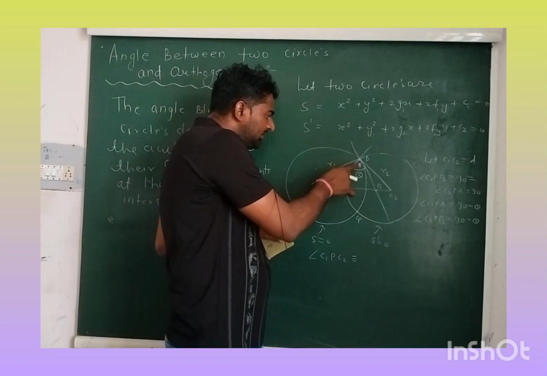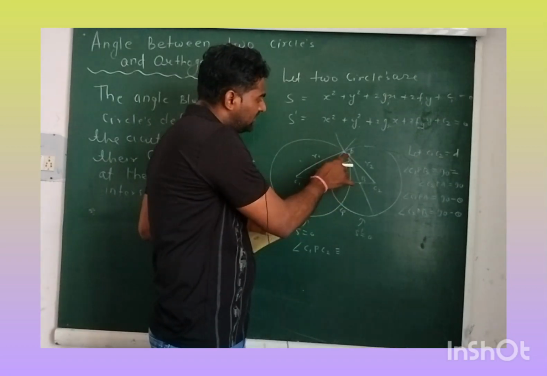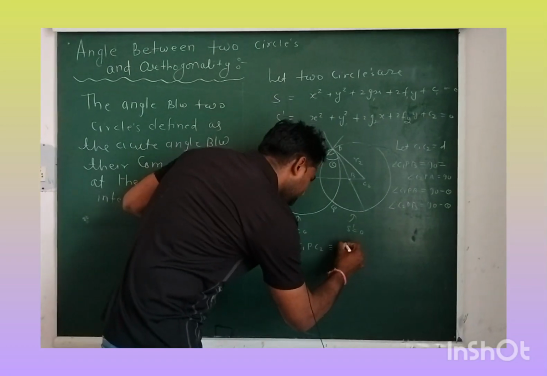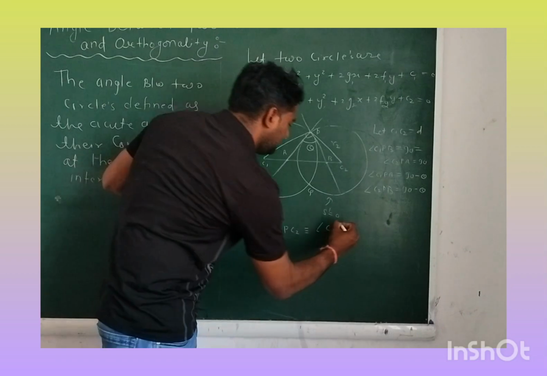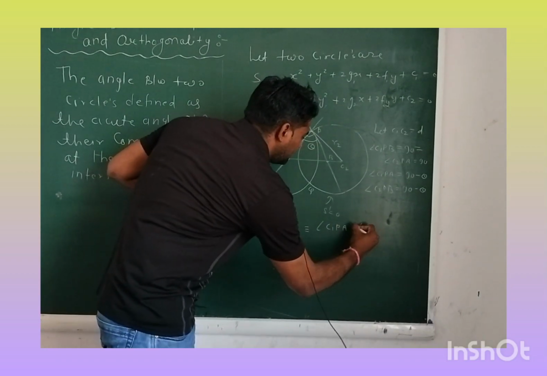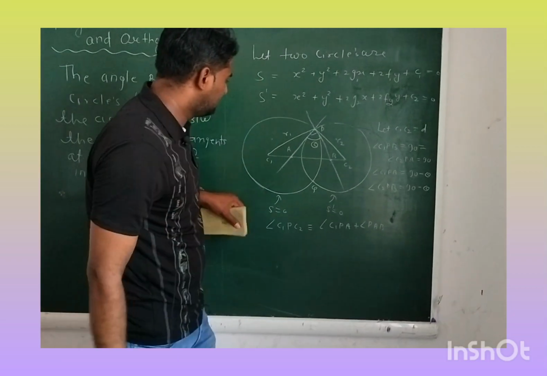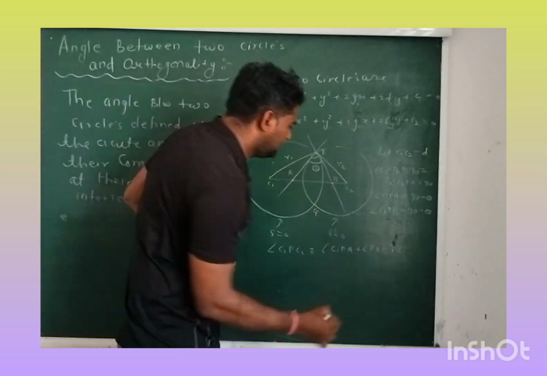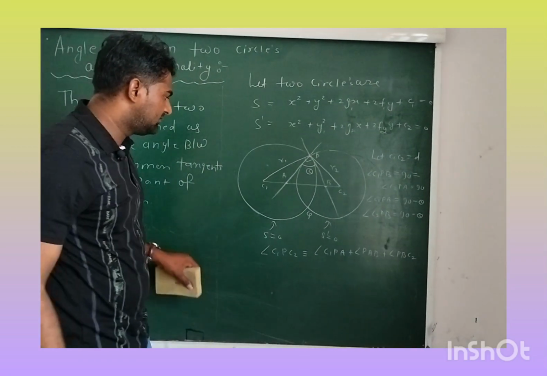We have C1PA plus APB plus PC2B. So we can add all the angles. So C1PA plus angle PAB plus angle PBC2. We can add all the angles. So how much do we get here?